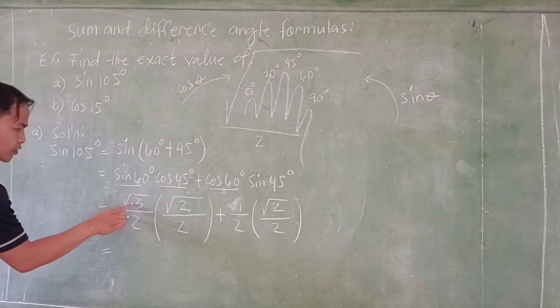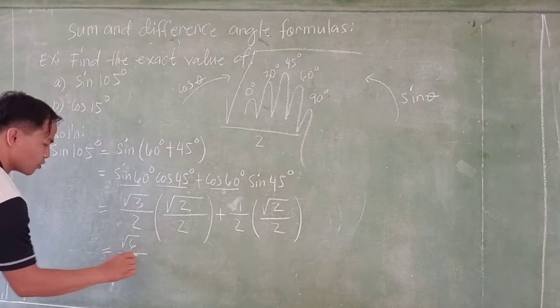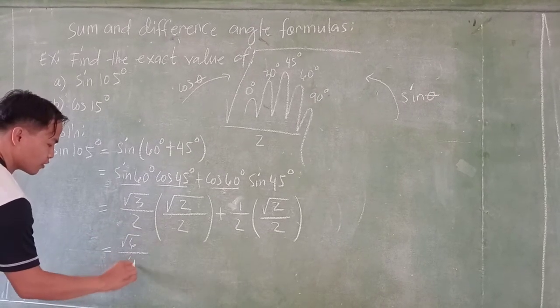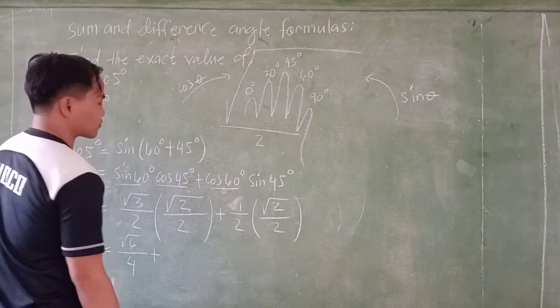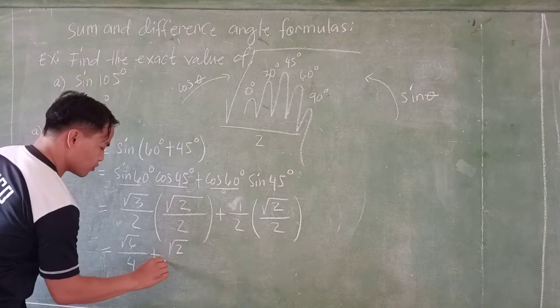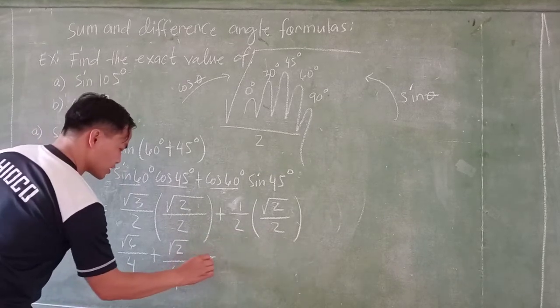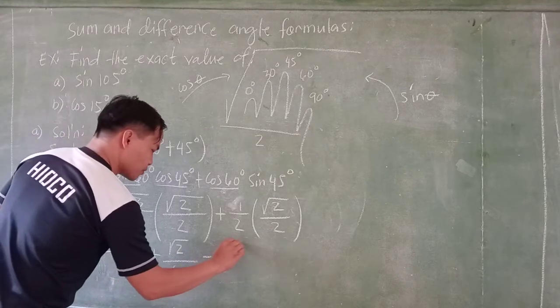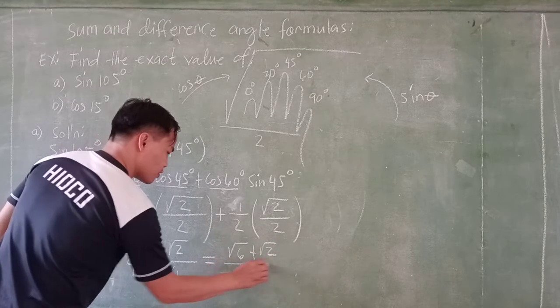For that, we have square root of 3 times square root of 2 is square root of 6, over 2 times 2, 4. Plus, we have 1 times square root of 2 is square root of 2, over 2 times 2, 4. So the final answer is square root of 6 plus square root of 2 over 4.